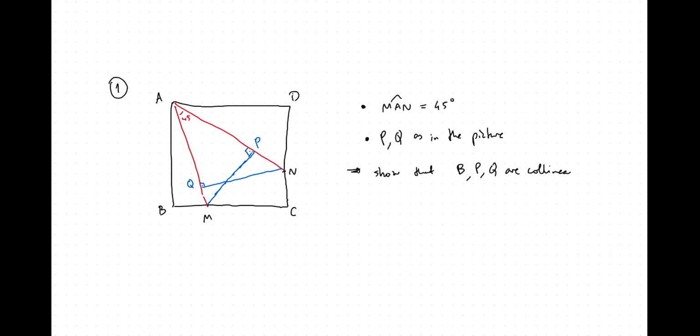Yeah, my insight was the fact that we know that APM is 90 degrees, and this is a square, so we also know that ABC is 90 degrees. So we can find two cyclic quadrilaterals, and it follows that they all lie on the diagonal.